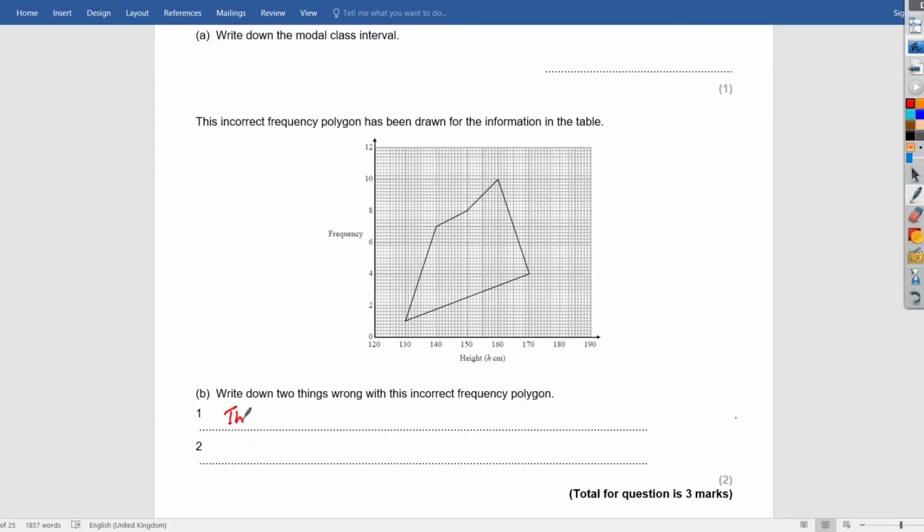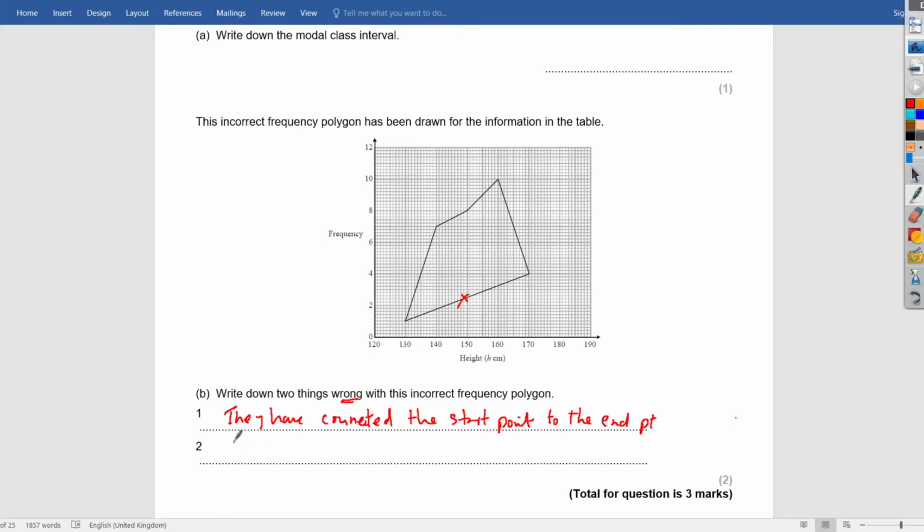They have connected the start point to the end point. So two things which are wrong. They have connected the start point to the end point, so this is wrong.